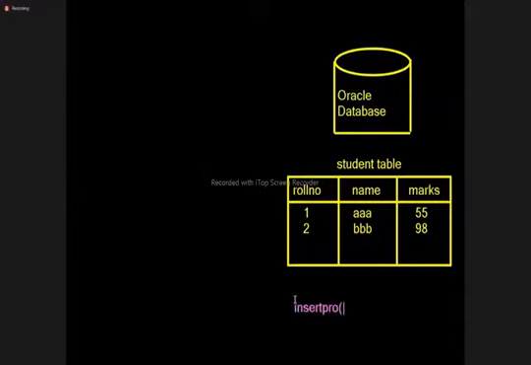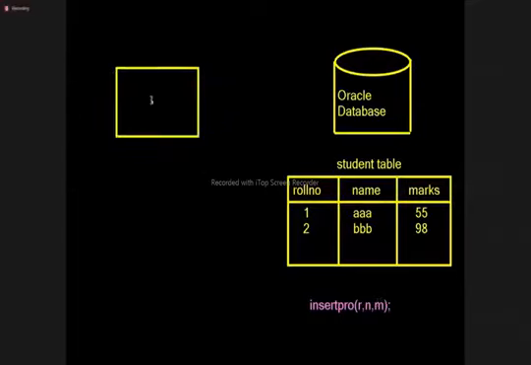It has 3 parameters, R, N, M. This is one procedure, insert pro, R, N, M. I'll create it on the database side. That I'll run through Java. It is a Java application.